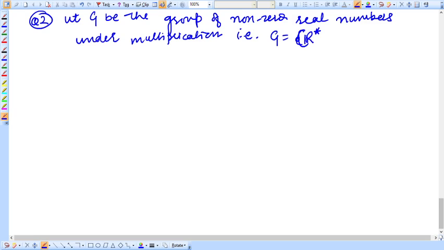It is not containing zero. And the operation is multiplication here. So this is the group.